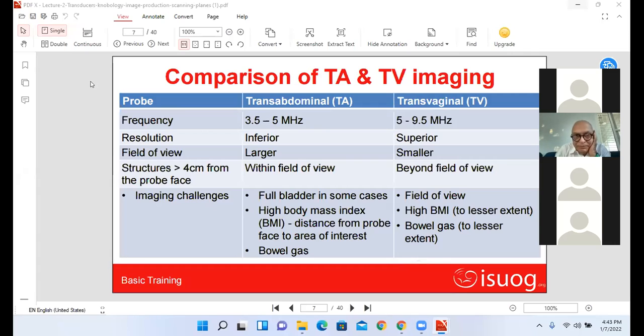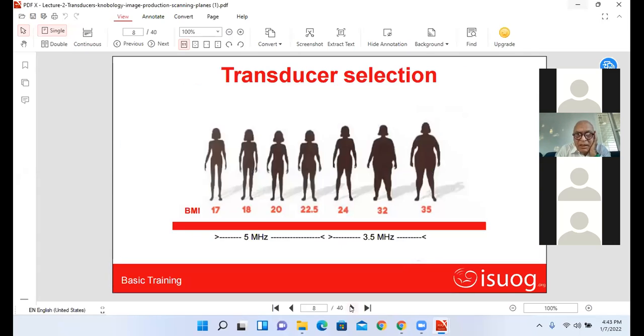Next slide, please. So how do we select our transducer? It depends, because lower frequency probes penetrate better.